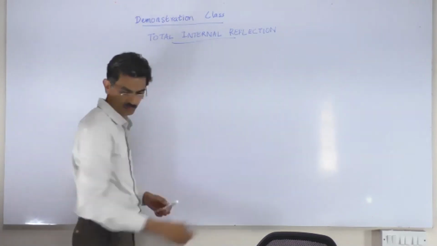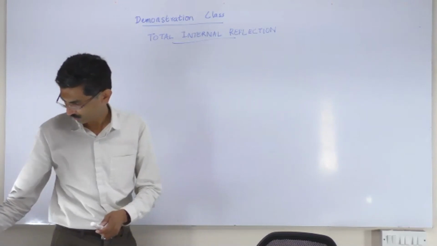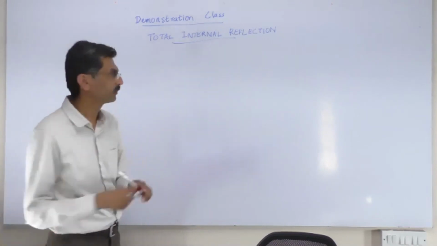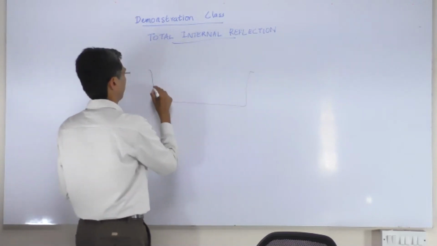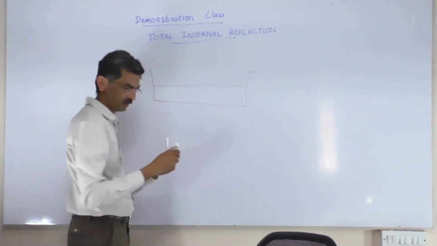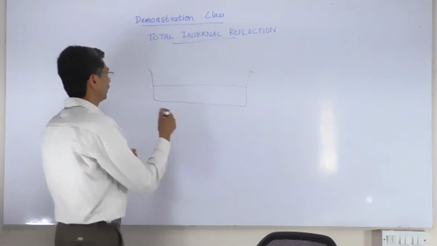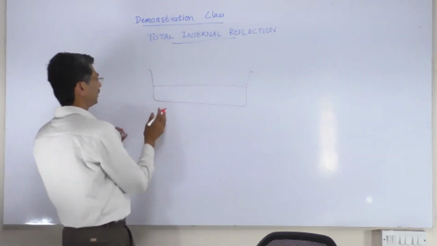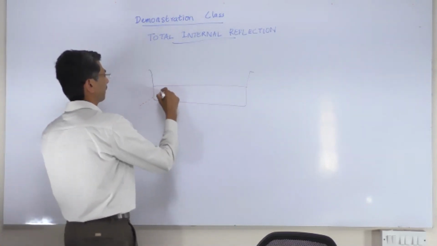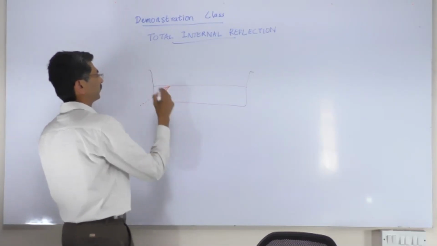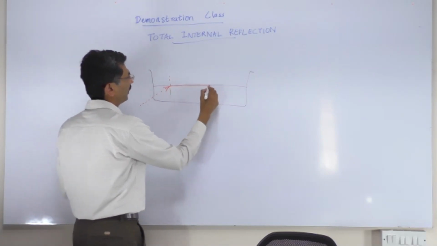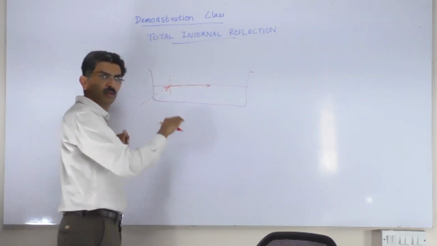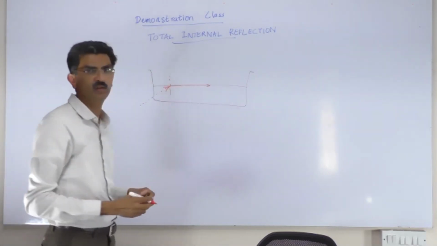Let me draw a bigger picture to illustrate this. Now, as I increase the angle of incidence, and this is the normal, there is a point where the refracted ray goes along the surface of the water.